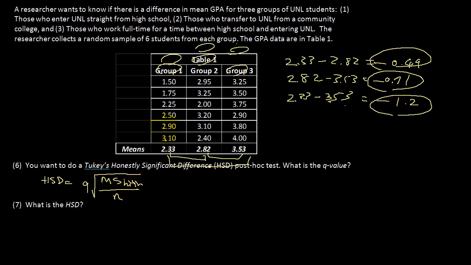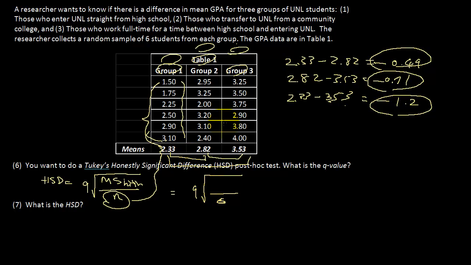But in this case, 1, 2, 3, 4, 5. Actually, it's 6. I said 5, but it's 6. So this n is just the number of scores in each group, so that's 6. And mean square within, what was that?